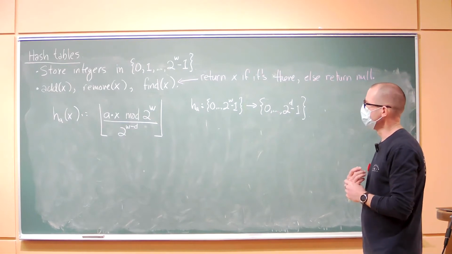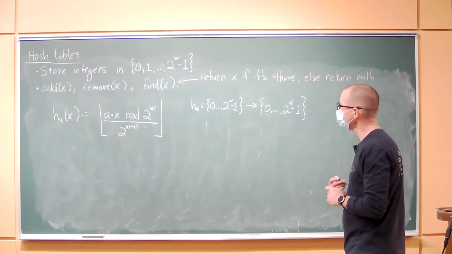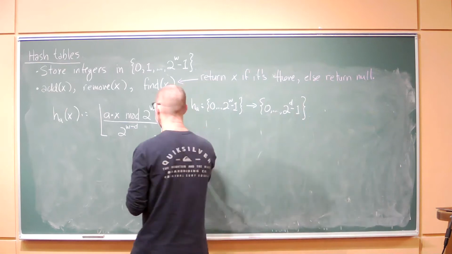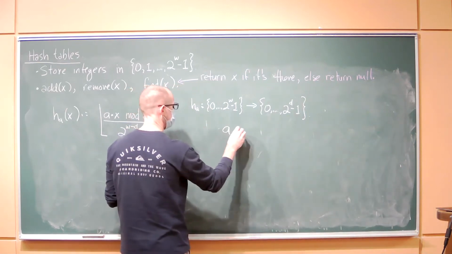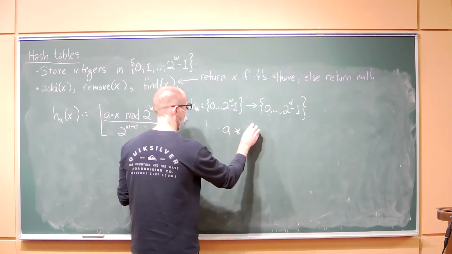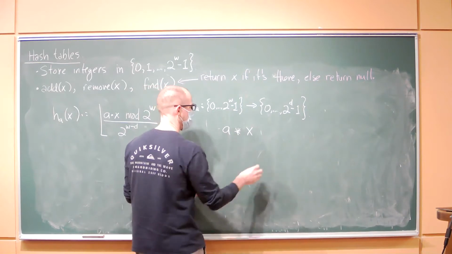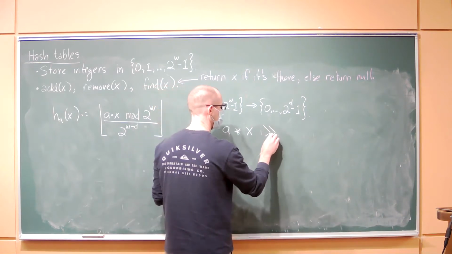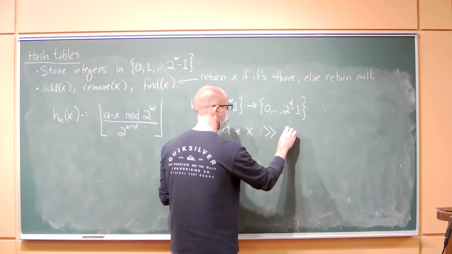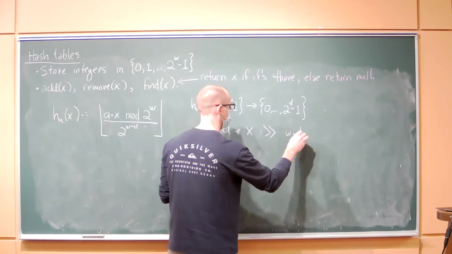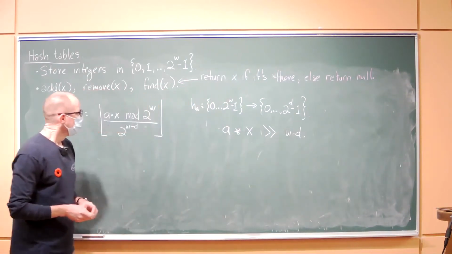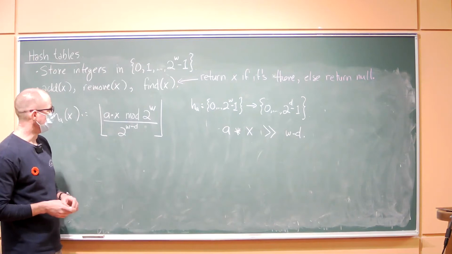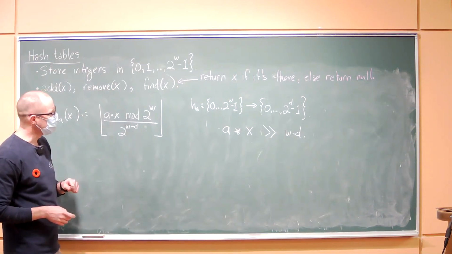And in particular, in the C programming language, the code for this looks like you take A, you multiply it by X, and then you right shift the result by W minus D. Right, so what happened to the mod operation?